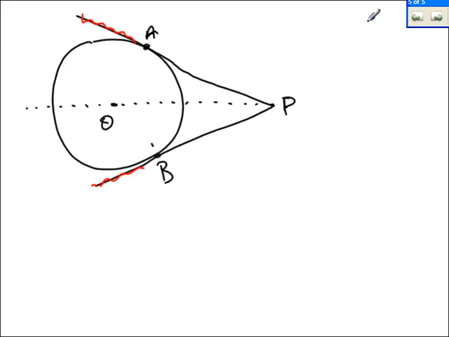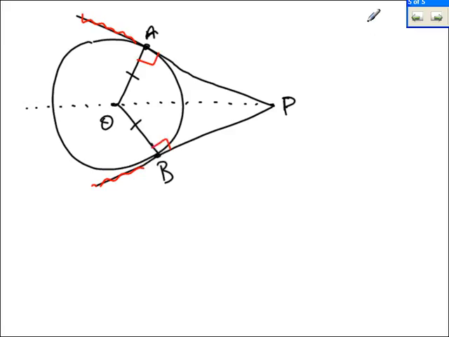Well, what I would do is draw OB and OA. Those are equal. We have a very clear rule: a radius and a tangent line to a circle meet at right angles.